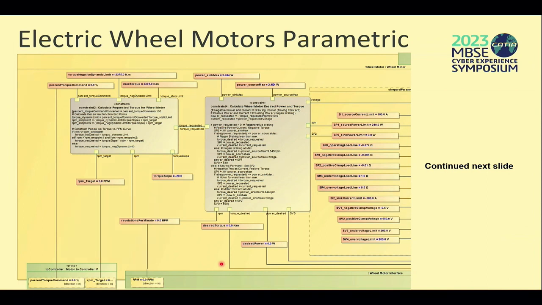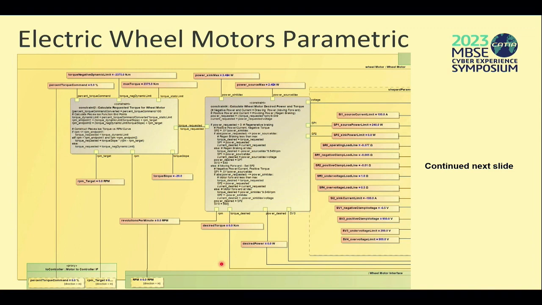Electric wheel motor parametric. This gets into the details on how we caused it to follow those torque curves and power curves. I'll zoom in on that in the model in a bit. But what you see here is some if-then-else Python constraints that are taking in those values, such as the limits of the torque and the power, running them through a few if-then-else statements, and then outputting some values.